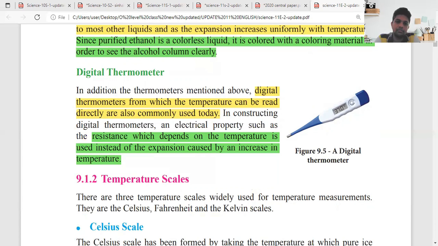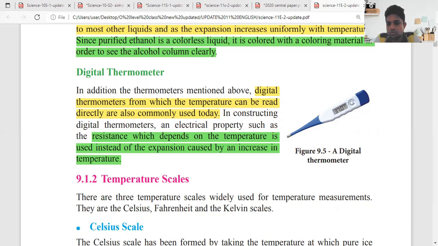In addition to the thermometers mentioned above, the digital thermometer, from which the temperature can be read directly, is also commonly used today. In constructing a digital thermometer, an electrical property such as the resistance, which depends on the temperature, is used instead of the expansion caused by the increase in the temperature.